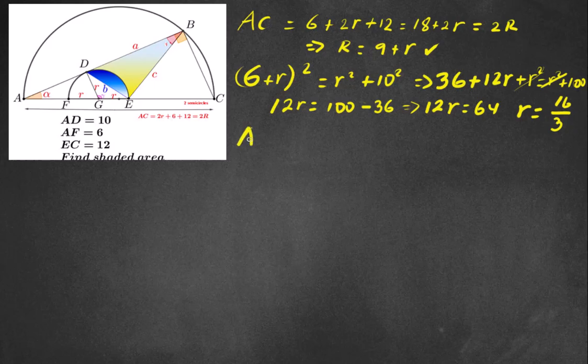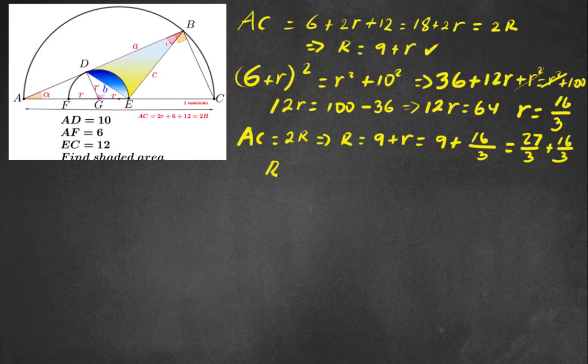We are going to continue to calculate AC, which is equal to 2R. That means R is equal to 9 plus small r, as we found on top there. It's equal to 9 plus 16 over 3, the same denominator here, and we actually get 43 over 3 once we finish the calculation.